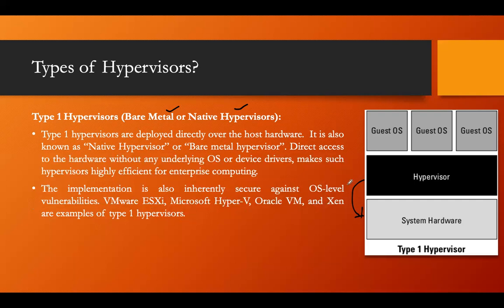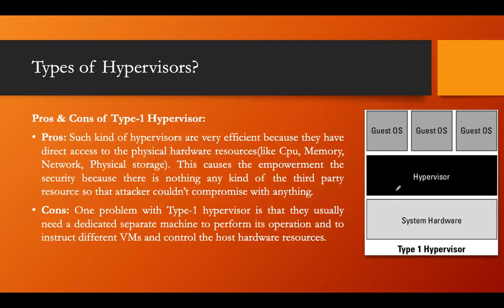So these are some products developed by different companies, which are the different types of hypervisors available. As you can see, the hypervisor is going to communicate with and use the underlying hardware without any operating system on it. Now, what is the advantage?